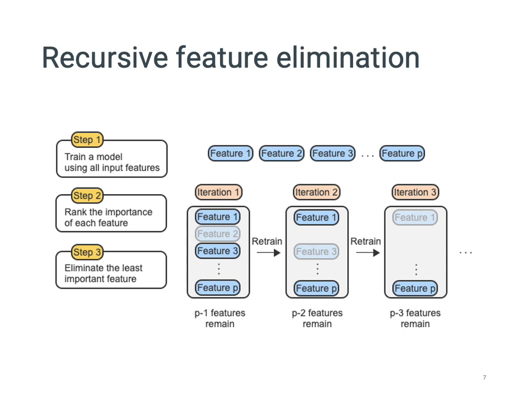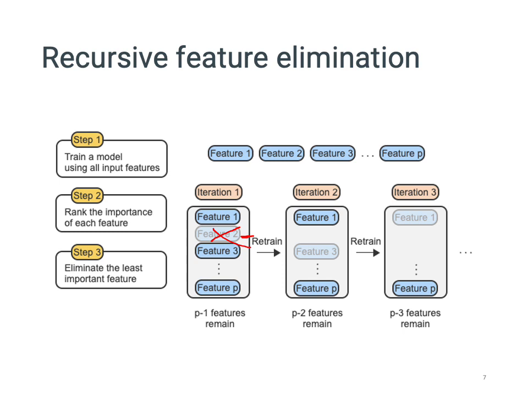So this figure explains the steps of the sequential feature selection algorithm. So you train the model using all your initial P features, and then you rank the importance of each feature. And so suppose that feature 2 was actually the least ranked feature, then this feature will be removed, and then the remaining p-1 features from the first iteration are used to retrain the model again.